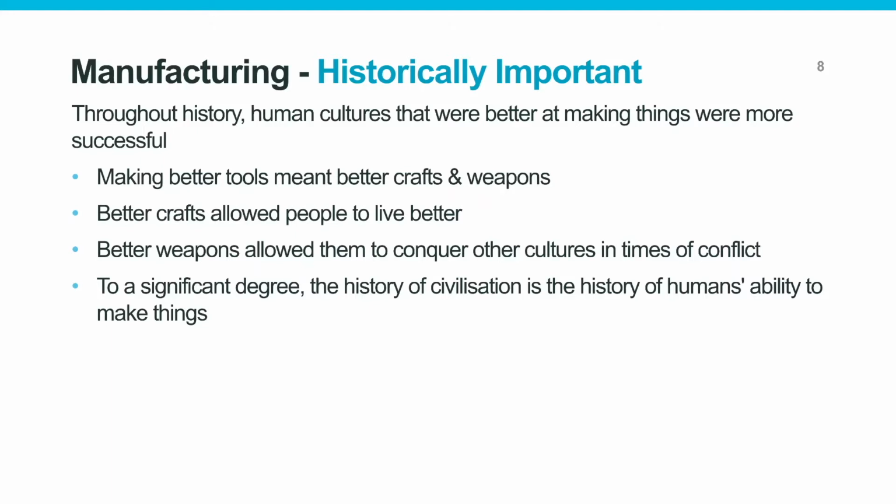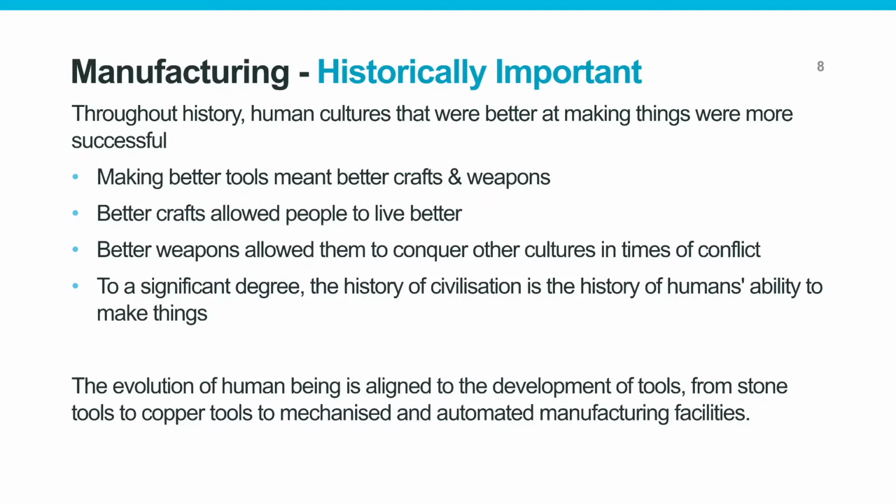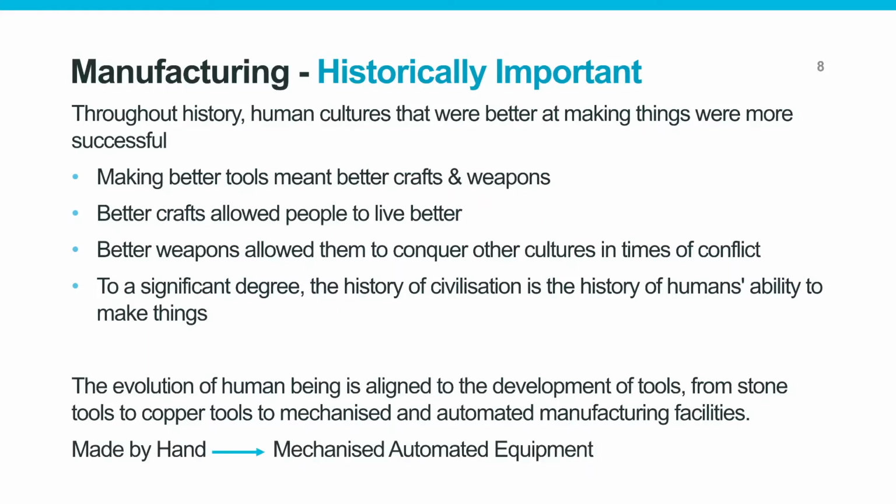So to a significant degree, the history of civilization is basically the human ability to make things. The evolution of human beings is aligned with the development of tools, from stone tools to copper tools to the mechanized and automated manufacturing facilities which we have these days. We moved from made by hand to the mechanized and automated equipment that we have today.